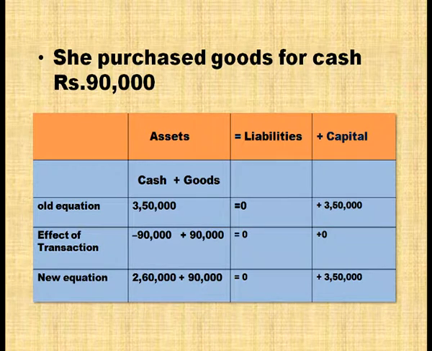So, cash balance will come to 3,50,000 minus 90,000, that is 2,60,000, plus goods worth 90,000. So, asset side value becomes 3,50,000. When you are considering the right hand side, that is liabilities plus capital, there also value is 3,50,000 because of the capital. So, here also accounting equation is satisfied.